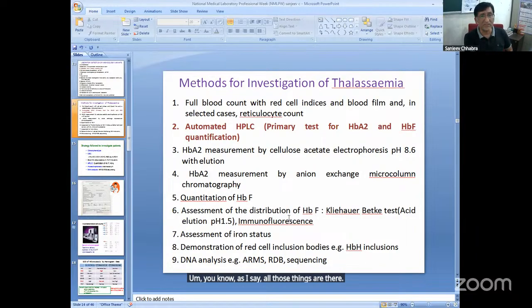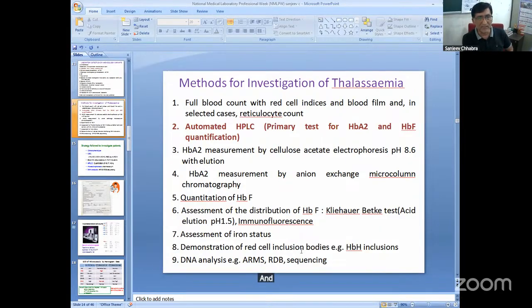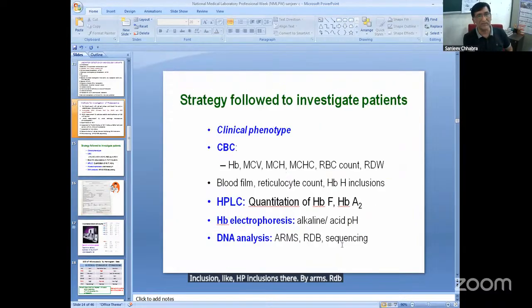Then assessment of HbF, like the Betke test, solution at pH 1.4, immunofluorescence is there, serum iron status is there, and demonstration of inclusions like HbH inclusions is there, analysis by ARMS, RDB, reverse dot blot, and sequencing.